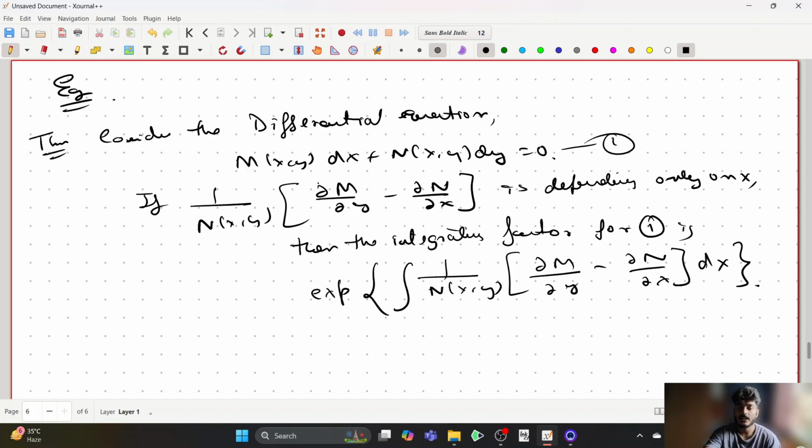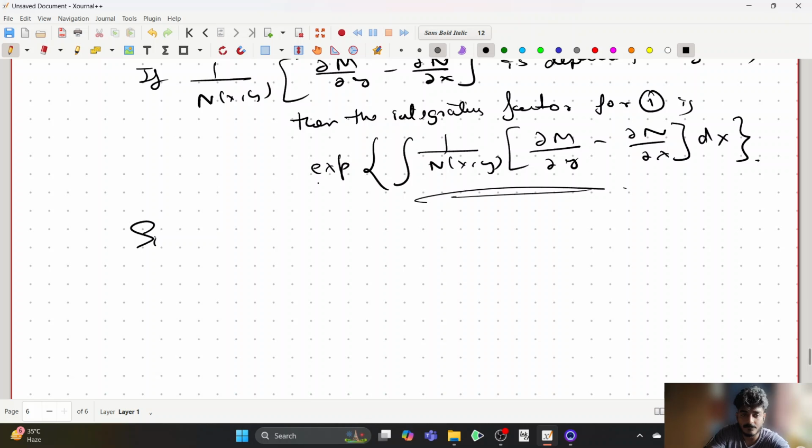Therefore, if you are given a differential equation such that (1/N)(∂M/∂y − ∂N/∂x) depends only on x, then the integrating factor for making this an exact differential equation is given by this expression.